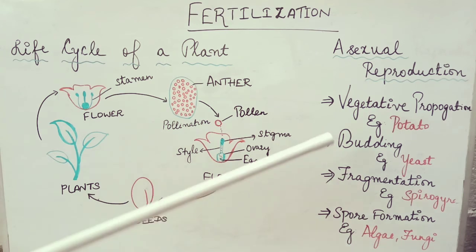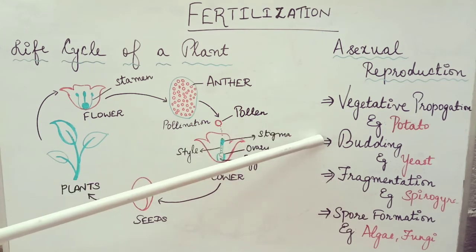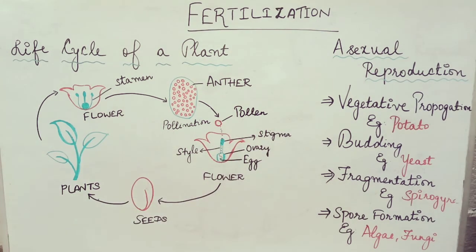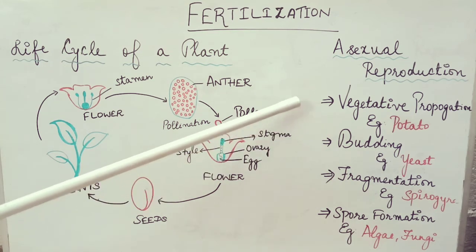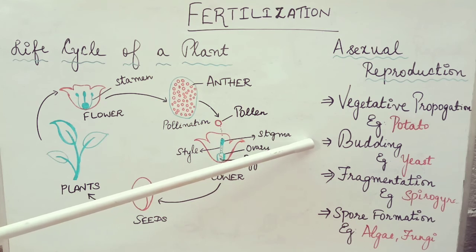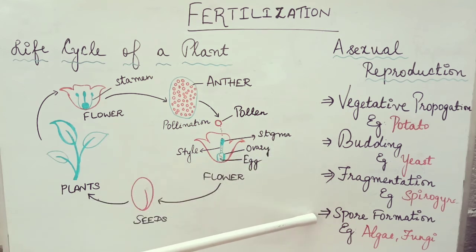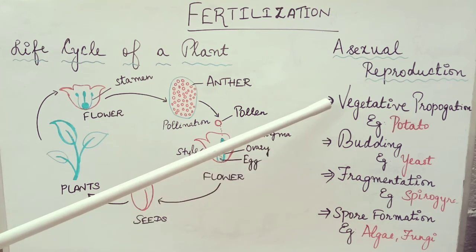Let us know the types of reproduction. There are 4 types of asexual reproduction. First one is vegetative propagation. Number 2, budding. Third one, fragmentation. Fourth one, spore formation.